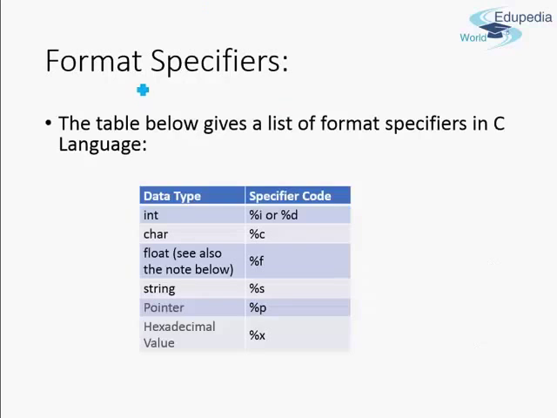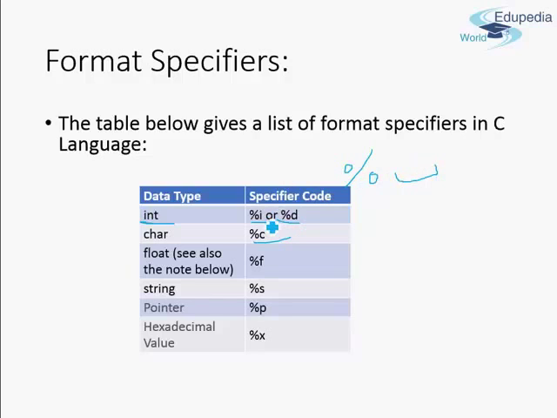This is a list of some common format specifiers in C language. For an integer variable you use either %i or %d. For a character you use %c. All the format specifiers begin with a percentage sign, and one character follows it.